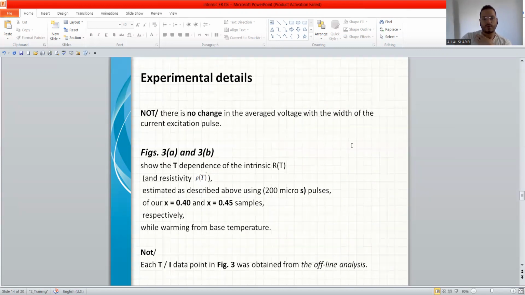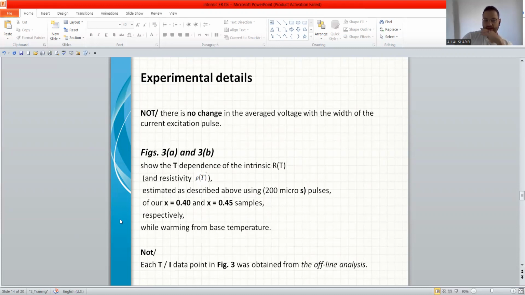Now we will talk about another figure. Here, we show the temperature dependence of the intrinsic resistivity. There is a strong relation between the temperature, resistivity, and resistance, estimated as described above using a 200 microsecond pulse, for x equal 0.4 and x equal 0.45, respectively, while warming from base temperature.